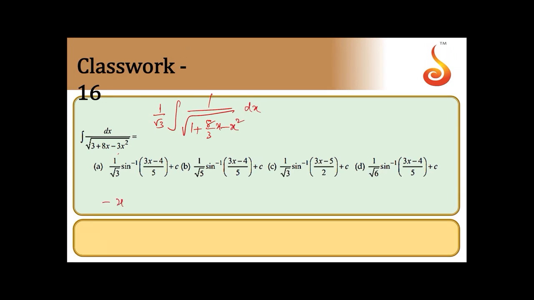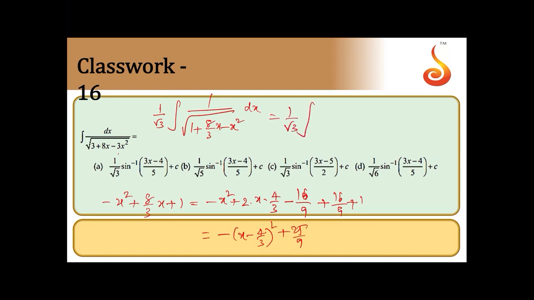This is nothing but minus x square plus 8 by 3x plus 1, which can be written as minus x square plus 2 multiplied by x into 4 by 3 minus 16 divided by 9 plus 16 by 9 plus 1, which is 25 by 9. So minus of x minus 4 by 3 whole square plus 25 by 9. Therefore, this integration can be written as 1 by root 3 times integral 1 divided by under root of 5 by 3 whole square minus x minus 4 by 3 whole square dx.